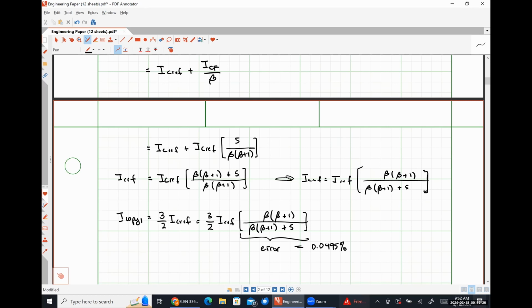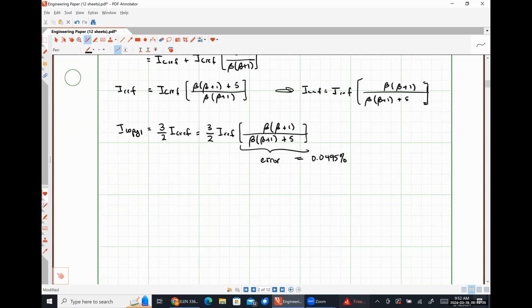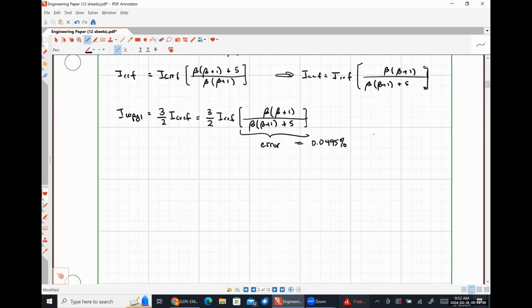Okay. So let's look at the output resistance of one of these current mirrors. The reason why we're going to pay attention to our output resistance here is because this is effectively providing bias for an amplifier. And so the resistance that this thing contributes should have some effect on the gain of an amplifier.